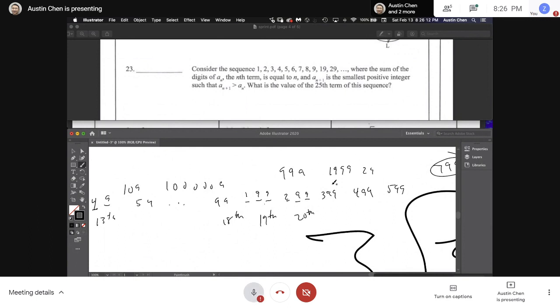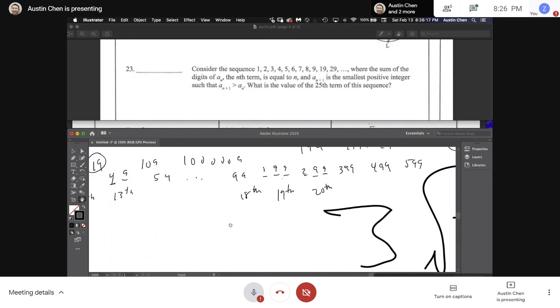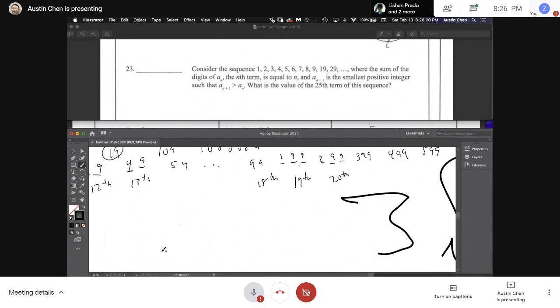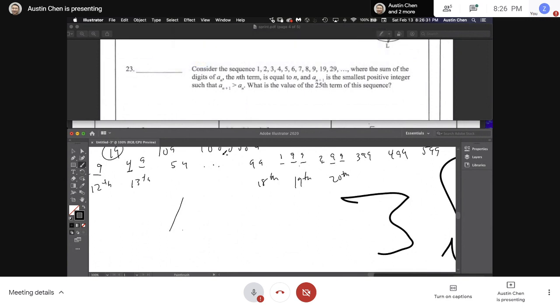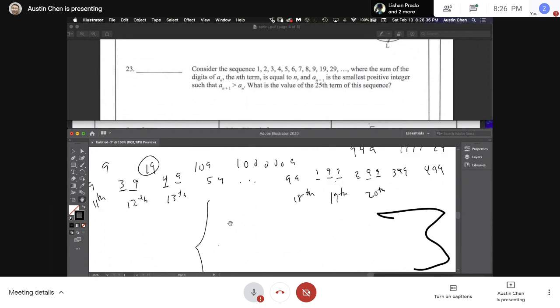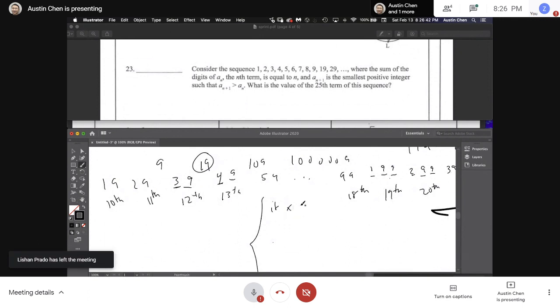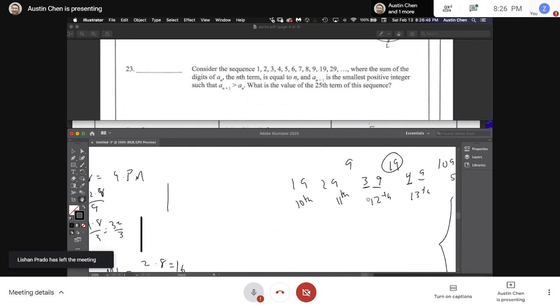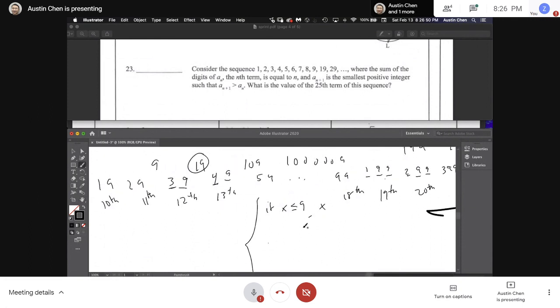Or I mean, you could put it in a partial function. You have a curly bracket. So if x is less than or equal to 9, then it's just going to be x.